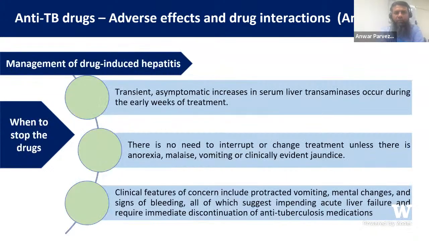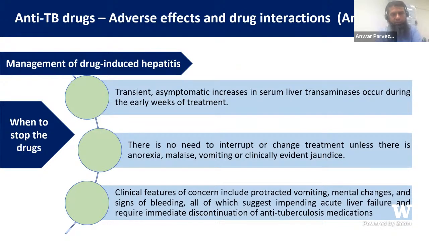Now, if the patient develops drug-induced hepatitis, this is how we try to manage those patients. First of all, there is a transient asymptomatic increase of liver transaminases, which occurs during the early weeks of treatment. It can happen in many patients, and we don't need to interrupt any treatment.